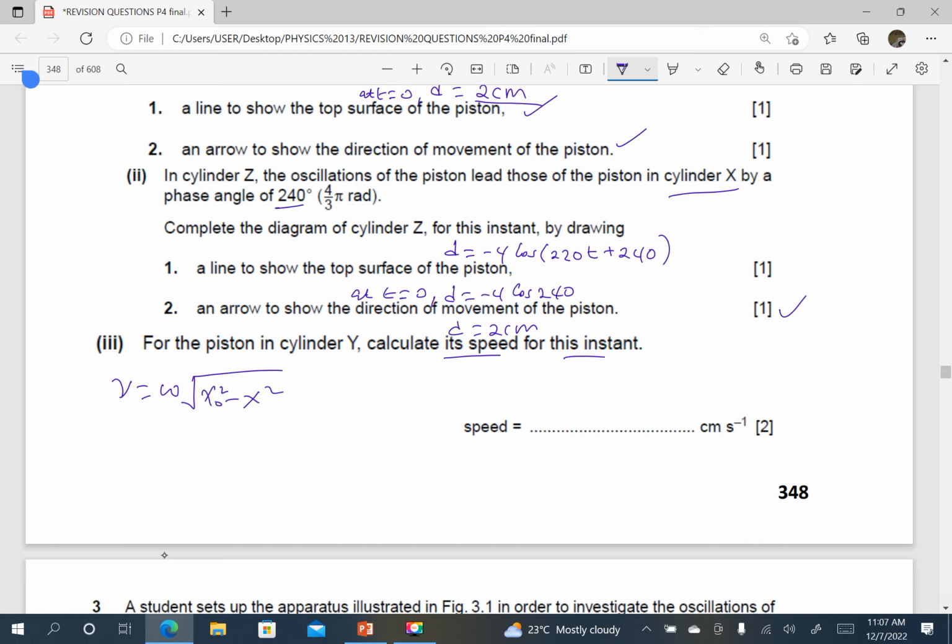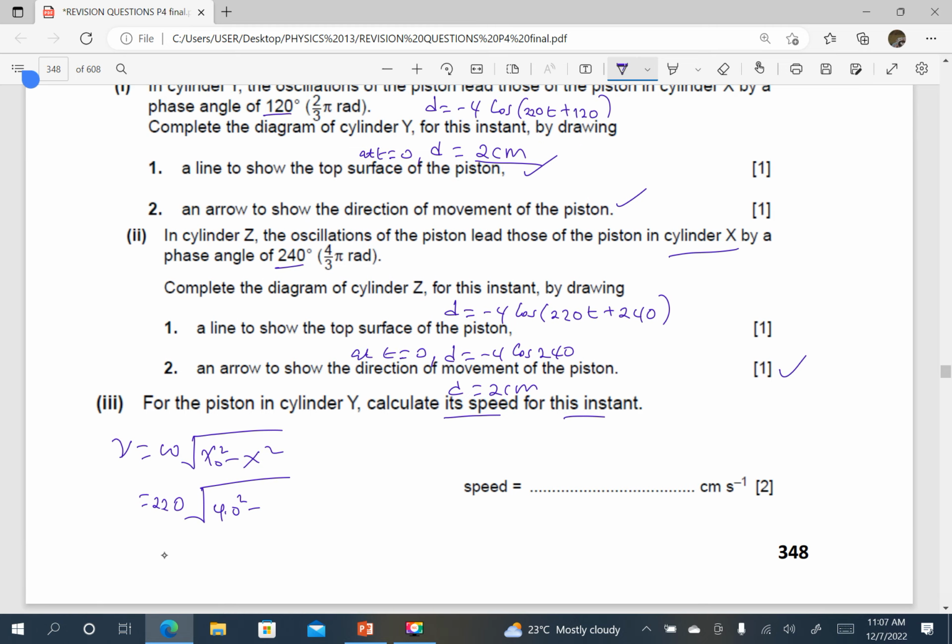So we have omega is 220, square root of x naught, the amplitude, which is 4 centimeters, so 4.0 squared minus x at that instant in y. We have seen the displacement is 2 centimeters, so this will be 2 squared. Since the answer is in centimeters, I didn't change the units of displacement.